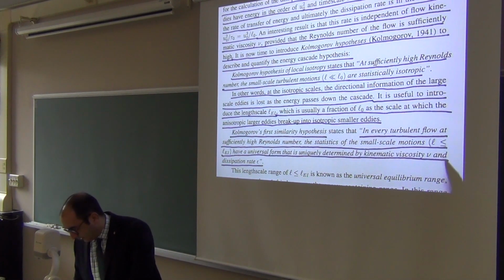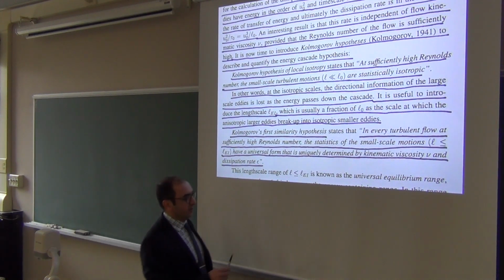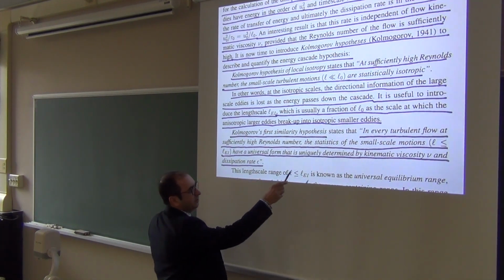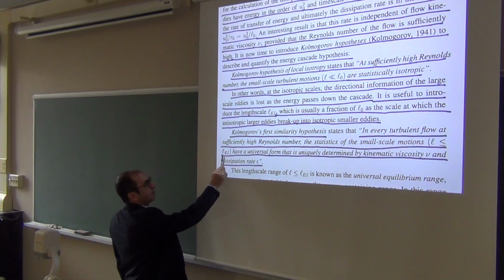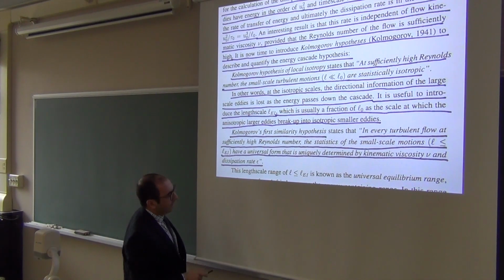So if eddies are very small, the physics of turbulence can all be described by two quantities, kinematic viscosity nu and dissipation rate. Note that the condition for this to happen is that eddies must be smaller than some length, L_EI, and we'll tell you what this L_EI is.